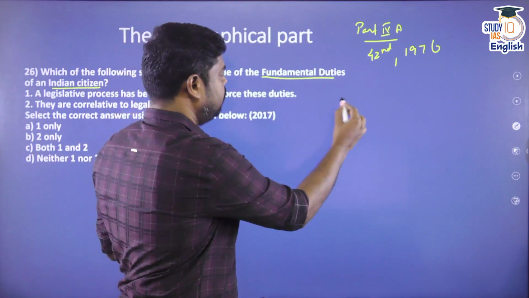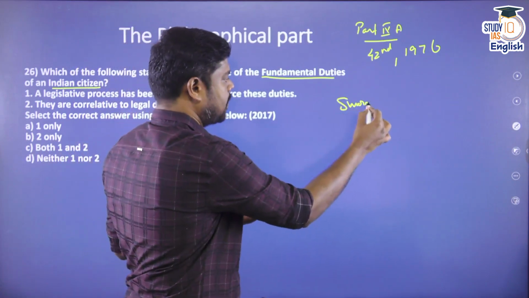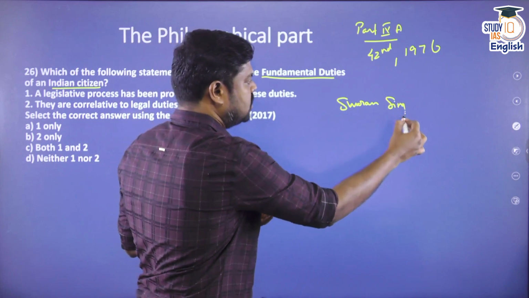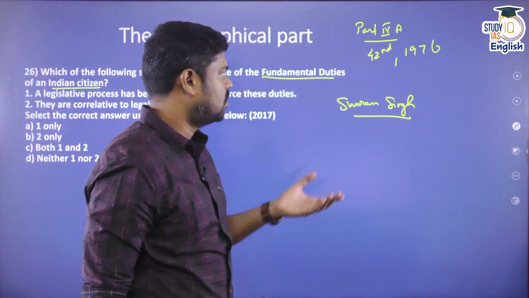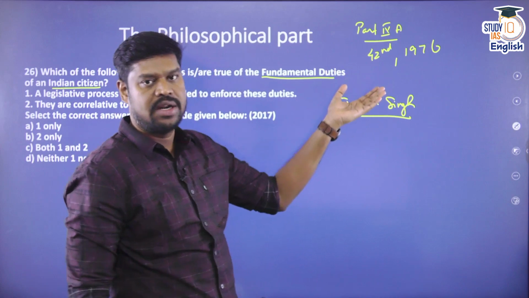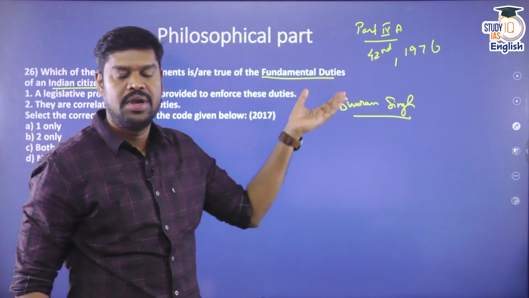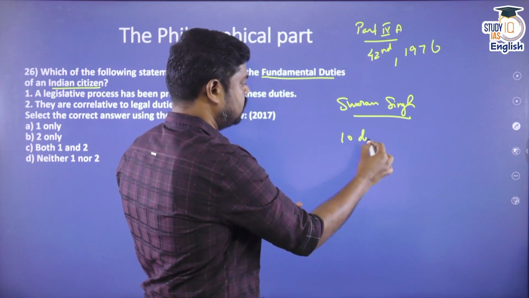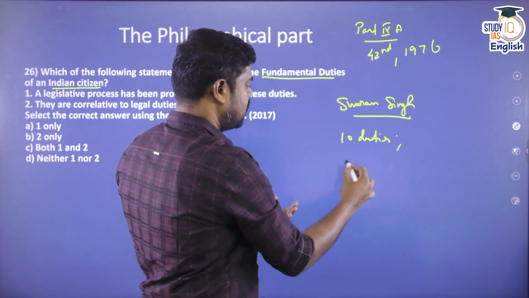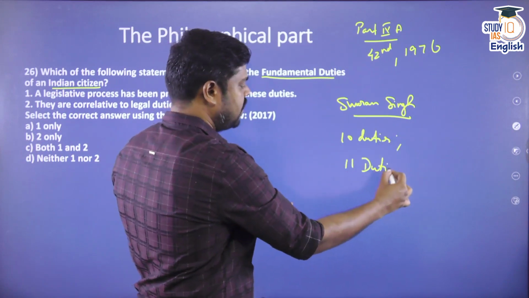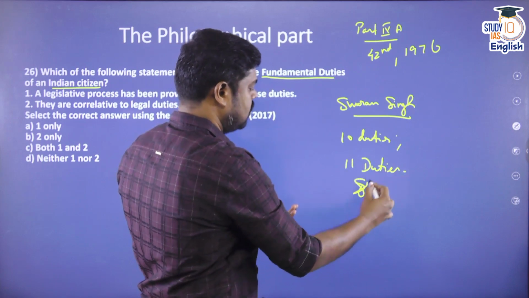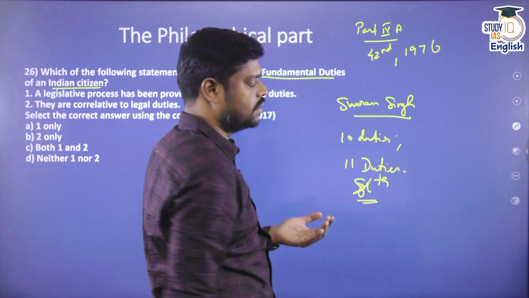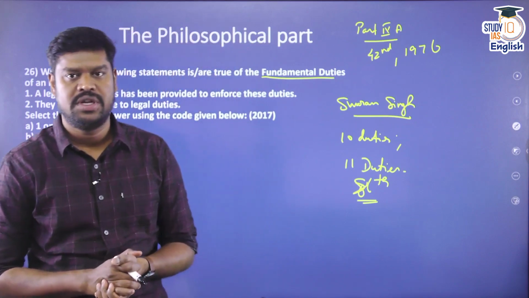On the recommendation of the Swaran Singh Committee, it was Mr. Swaran Singh who recommended this, under which the Constitution was amended under the leadership of Prime Minister Indira Gandhi, and then the fundamental duties. Originally there were 10 duties. Today there are 11 duties, and the last one was added by the 86th Constitutional Amendment Act. So these are the few factual pieces of information that you should have.